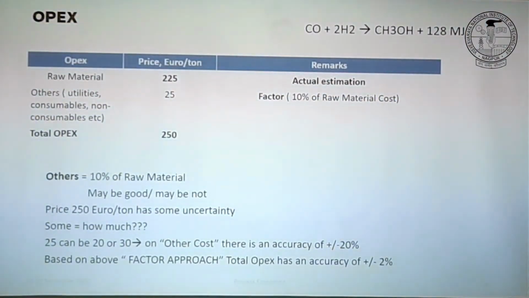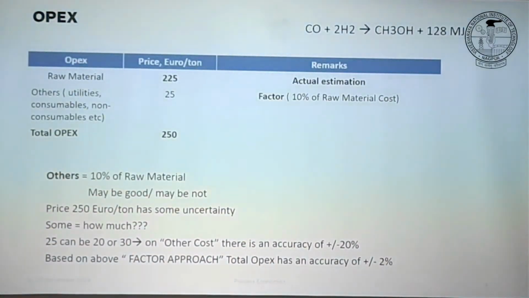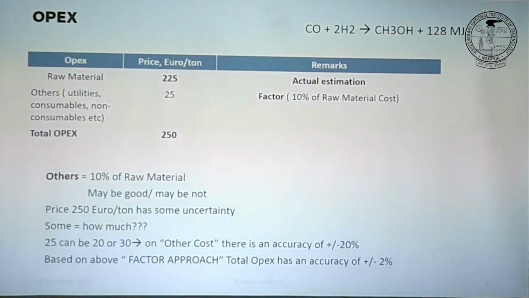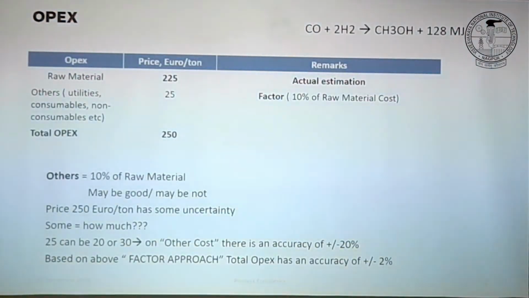So there could be some process where raw material cost is not so much, but electricity cost is the main cost. From the last 3 days, can you remember what 2 examples we had? Raw material as a fuel. Yeah, the raw material cost was your major cost, but we also saw another example where electricity cost was your major cost or the only cost.